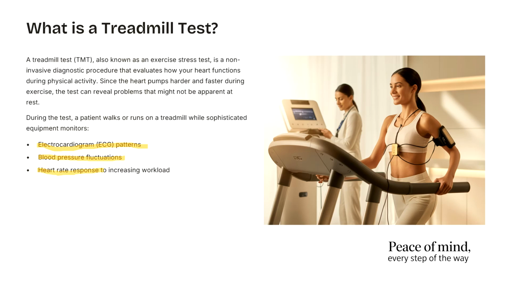Next, heart rate response to increasing workload. As the workload increases, what are the changes in the heart rate? So three particular parameters are checked. Number one is ECG pattern, number two is blood pressure fluctuations, and number three is heart rate response with the increasing workload.